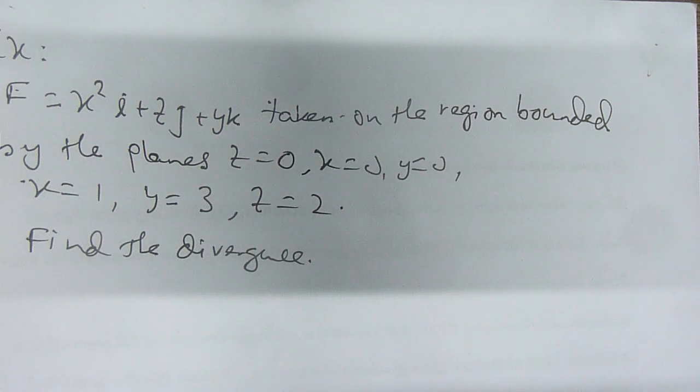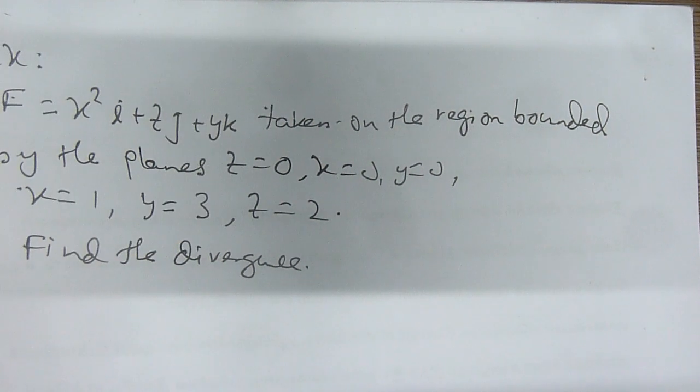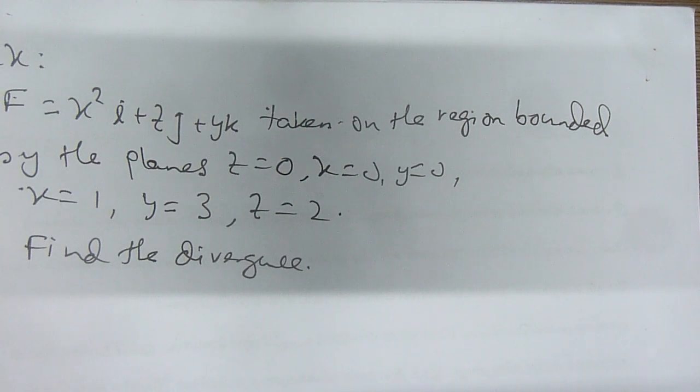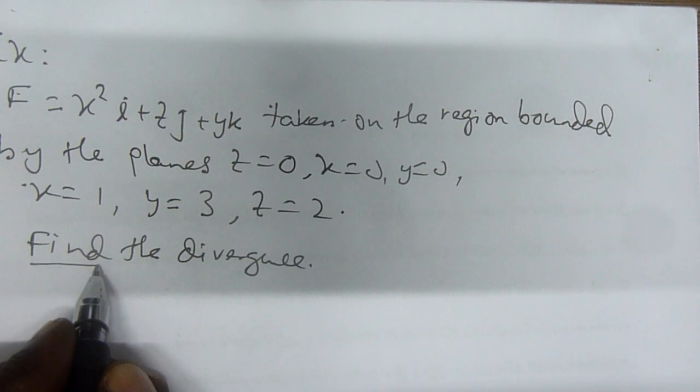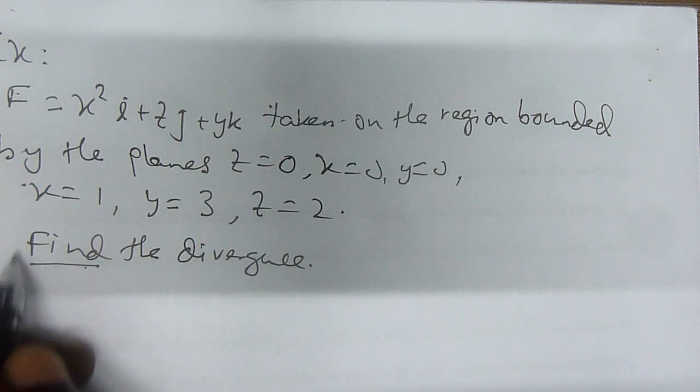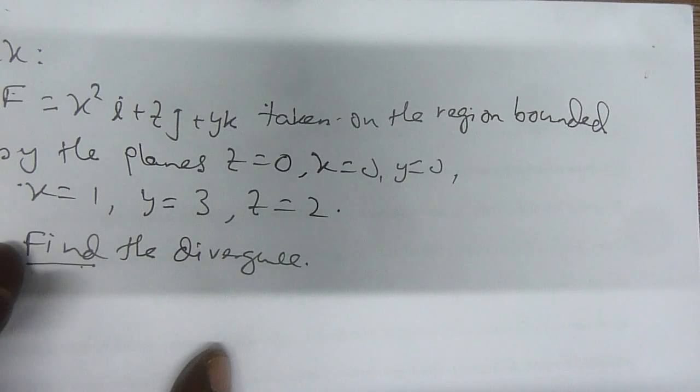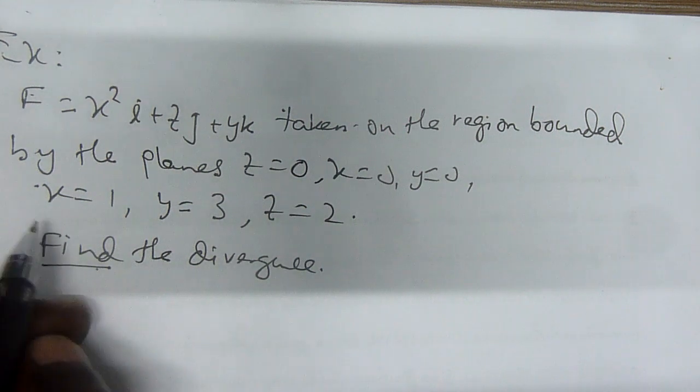Now the first question you will ask me is, sir, I got it, but the question is straightforward here. They use one word here called find. When they use this word, there are two types of question they may ask.